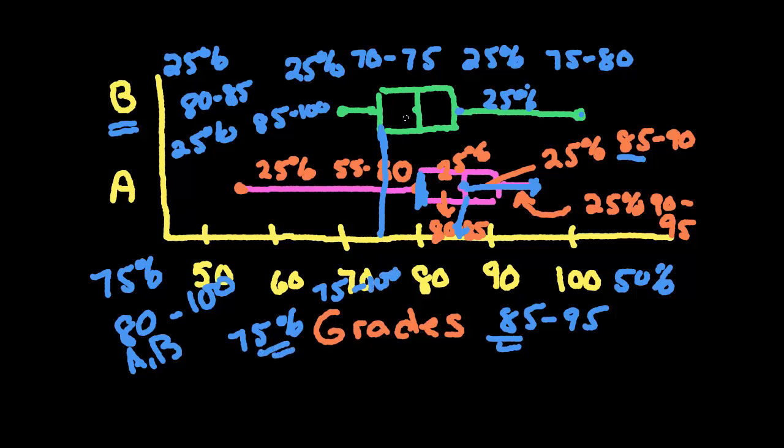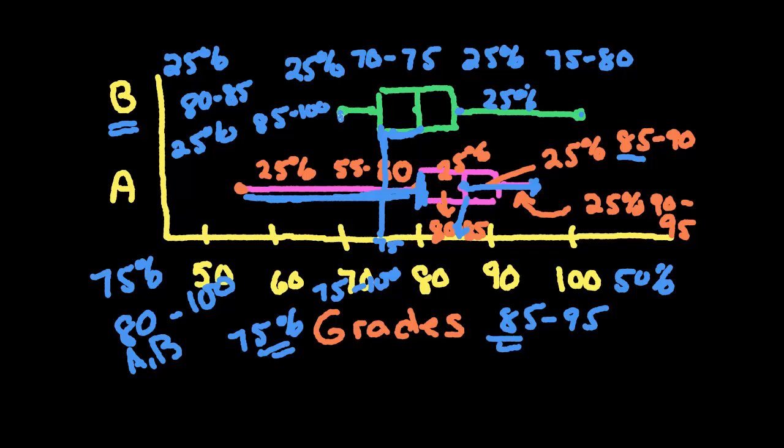So they have that extra group that scored lower down here. Now we certainly have this tail where 25% of the students scored below the B. And on the Class B graph, we only have 25% of the students scoring below a C, below a 75.